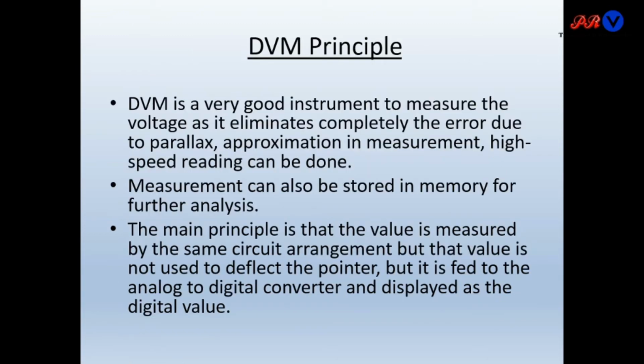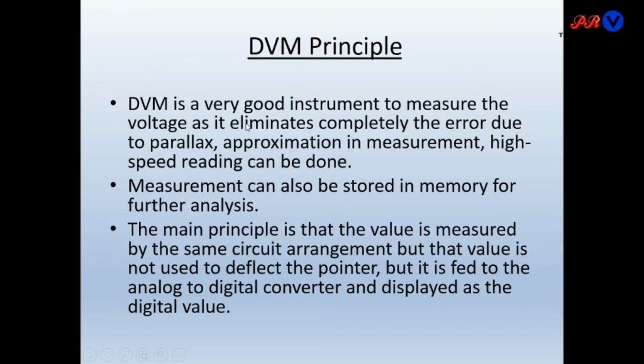Now the digital voltmeter principle. Digital voltmeter is a very good instrument to measure the voltage, as it eliminates completely the error due to parallax and approximation in measurement. High speed reading can also be done. Why?